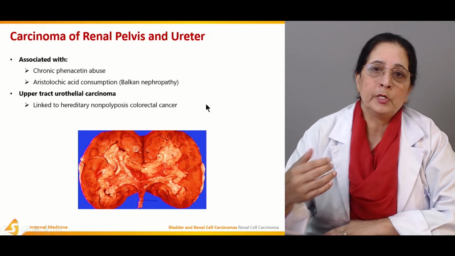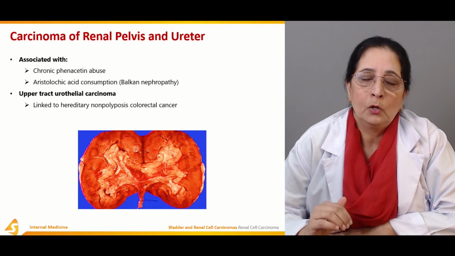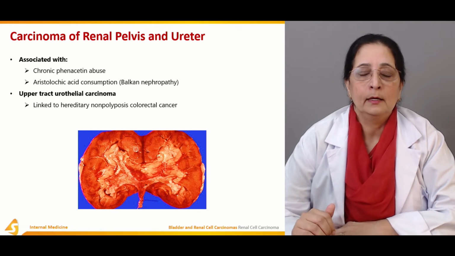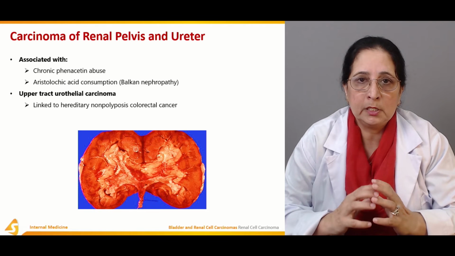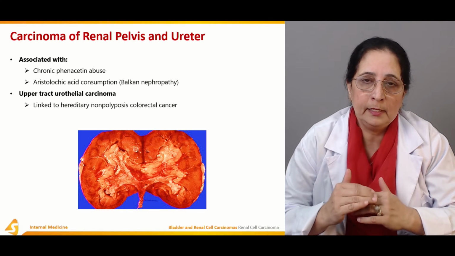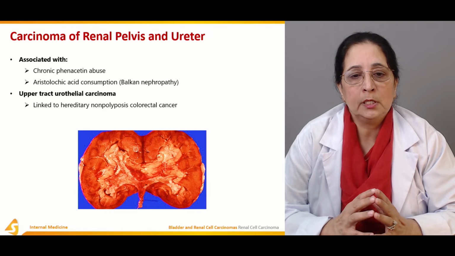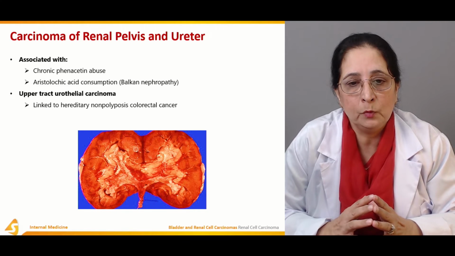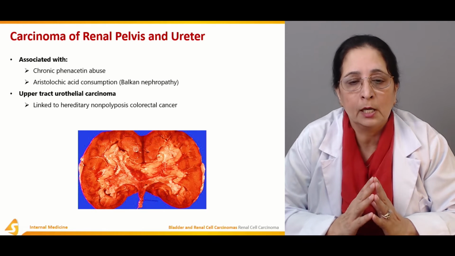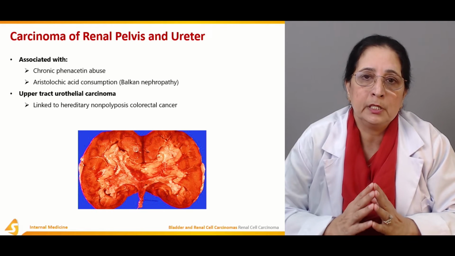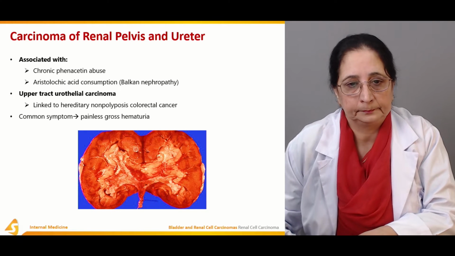So carcinoma of the renal pelvis and ureter is associated with phenacetin abuse, then aristolochic acid consumption, and it is also associated with non-polyposis colorectal cancer.